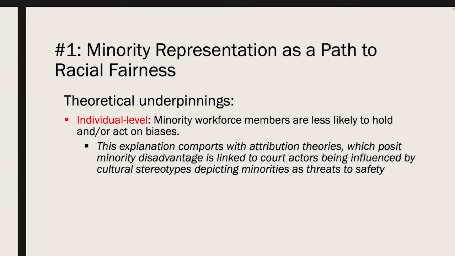And this explanation comports very well with attribution theories, probably most famously focal concerns perspective, because this broad set of attribution theories posit that minority disadvantage is linked to court actors being influenced by negative cultural stereotypes depicting minorities as threats. And individual minority members are less likely to have those kind of cultural stereotypes embedded in their brains, although a non-trivial number do have those kind of cultural stereotypes.